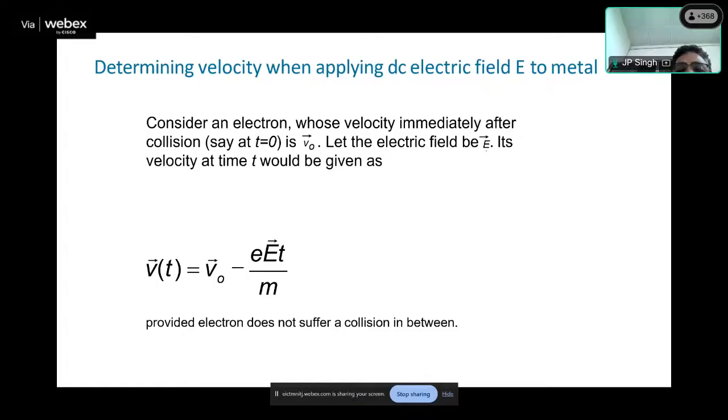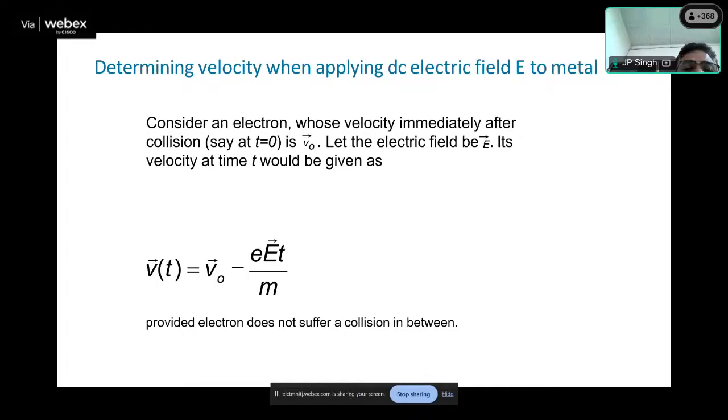Now let the electric field be E, and its velocity at any given time t will be, simply, I can assume that in between collisions it is a linear path, there is no other interaction.